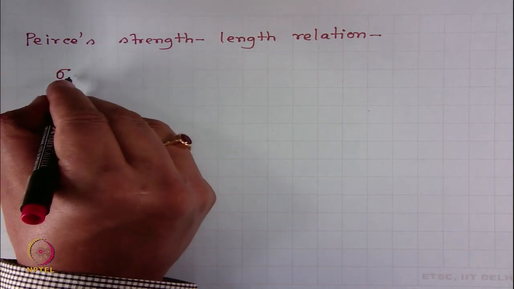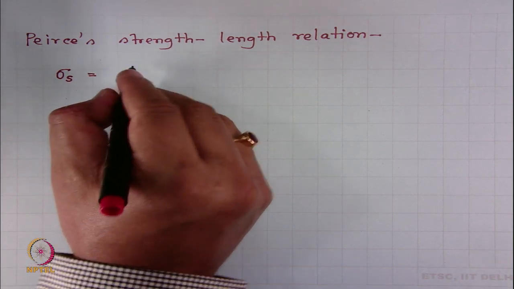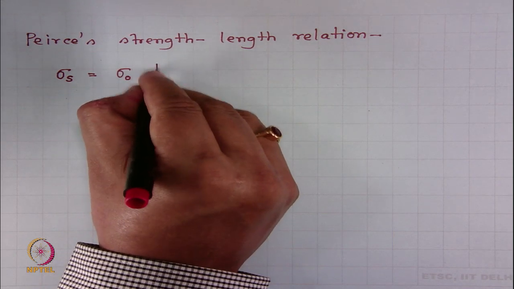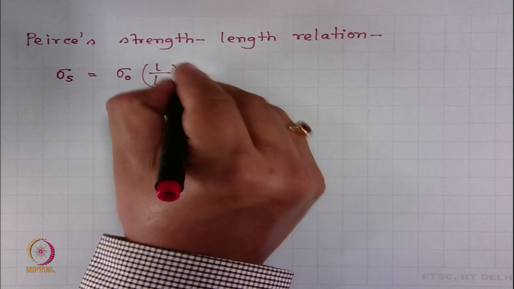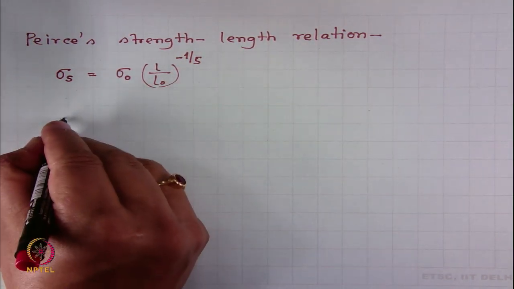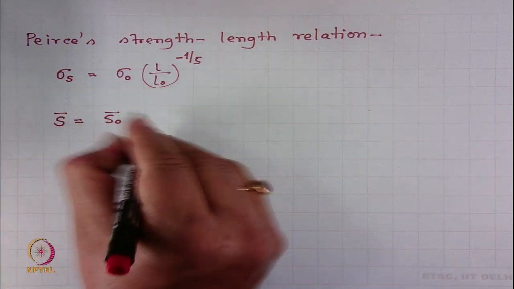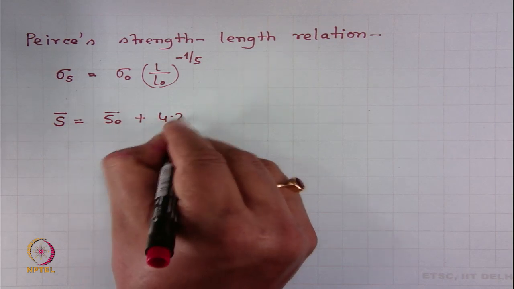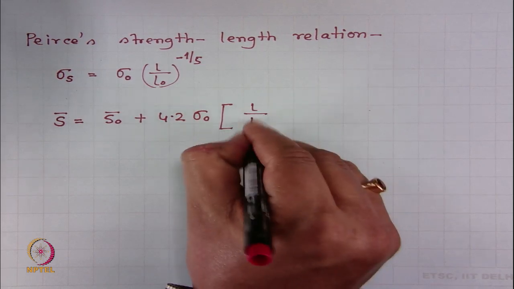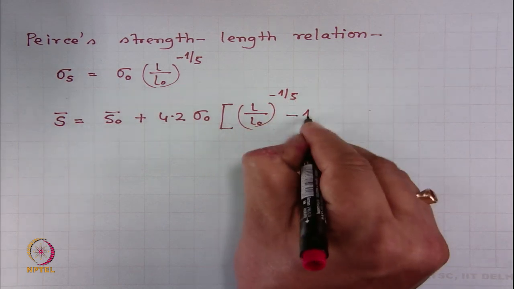Sigma S is equal to sigma naught into (L by L naught) to the power minus 1 by 5, and S mean is S naught plus 4.2 sigma naught into ((L by L naught) to the power minus 1 by 5 minus 1).